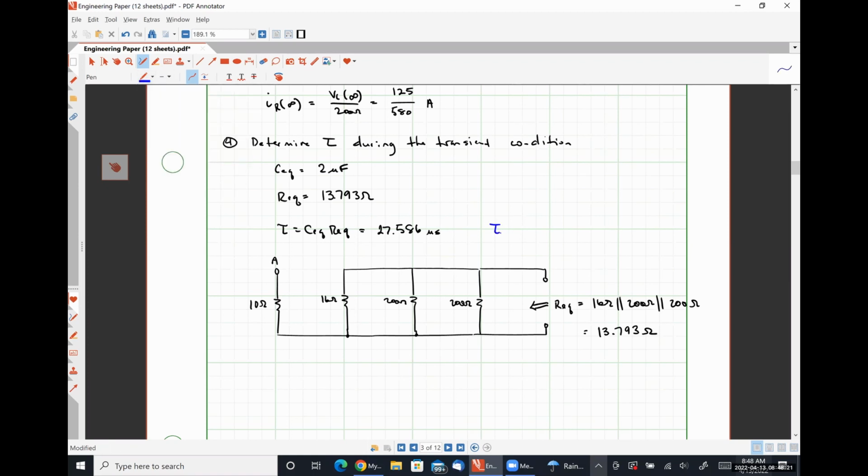This is just a step I like to take. You don't necessarily have to. I'm going to determine the inverse of tau. So that 27.586 microseconds, the reciprocal of that is 36,250 per second.